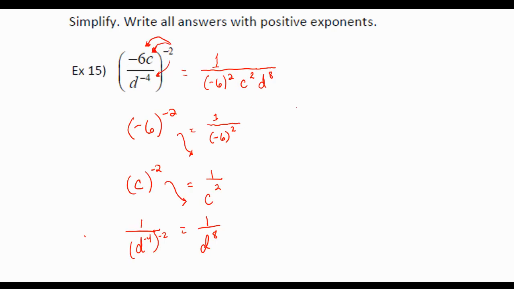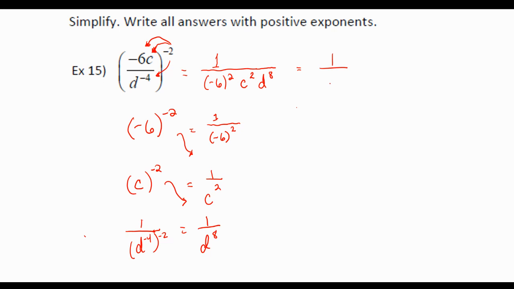So a negative 6 to a negative 2, it would dive down. A c to a negative 2 would dive down. If you multiply here a d to a positive 8, it would stay put. The only thing left in the top is a hidden 1.